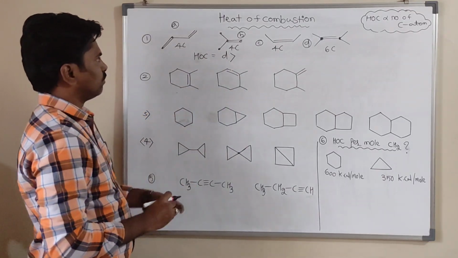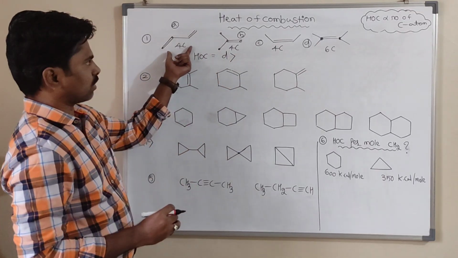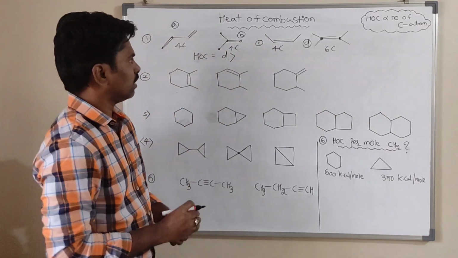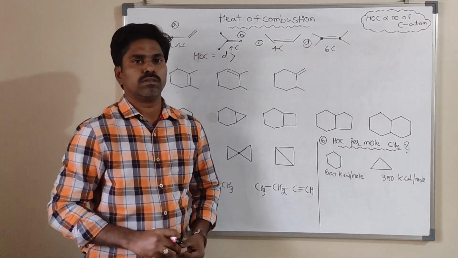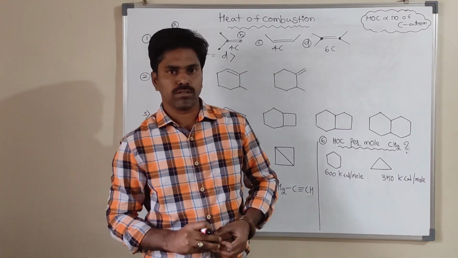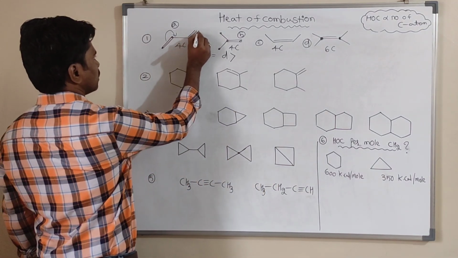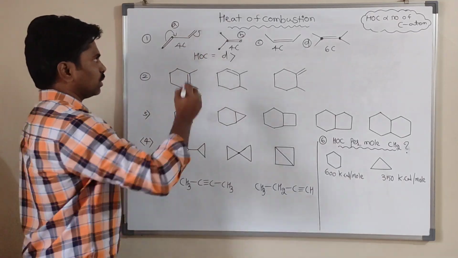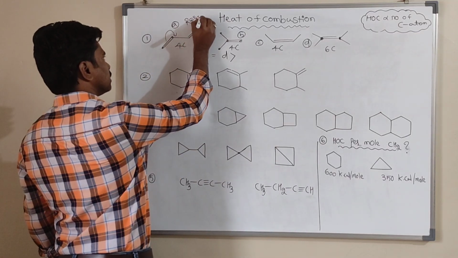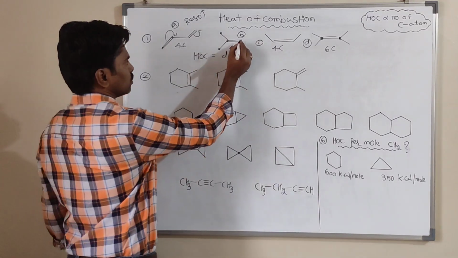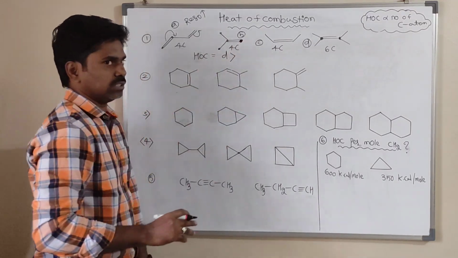Then come to the 4-carbon compounds, A, B and C. In these we have to check the stability order. Obviously A has higher stability because resonance is present, but in the other two there is no resonance because there is no conjugation.